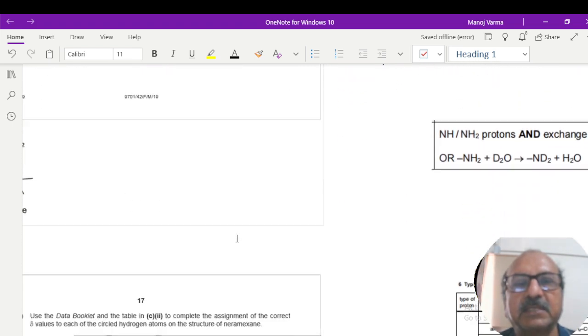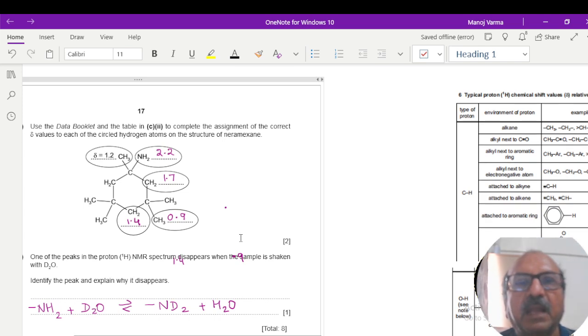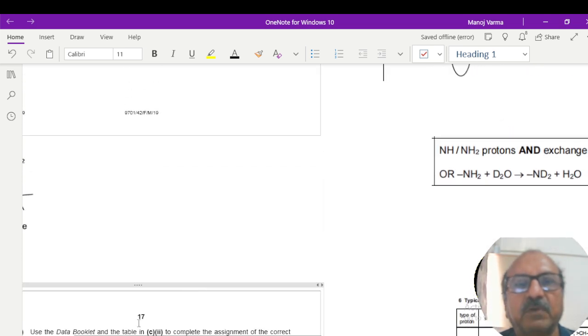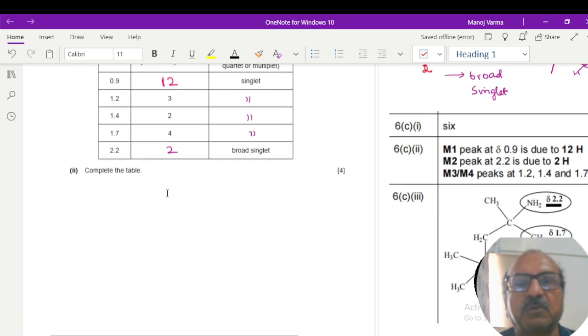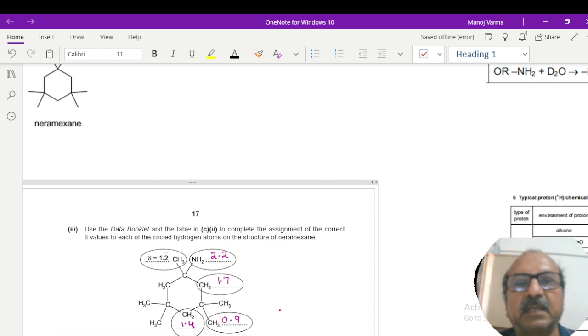Now let's go to the next part of the question. Even this was a bit challenging, but it is not that challenging if you have already identified that these are the 12 protons, 3, 6, 9, 12, which are giving a peak. Just see what the chemical shift is for those 12 protons. You can easily see that for these 12 protons the delta value is 0.9, so you can directly write 0.9.